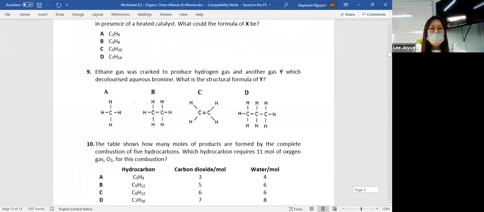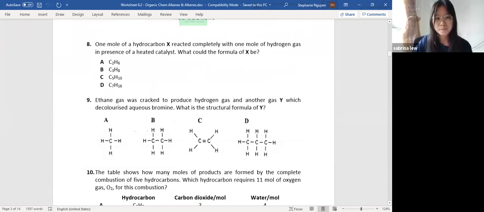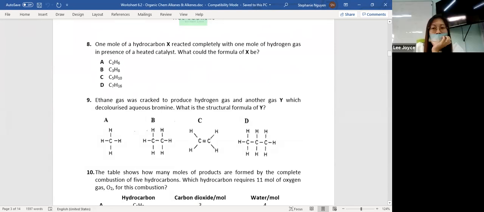Okay. All right, so for question 8, first of all, we're going to recognize whether this hydrocarbon is an alkane or alkene. Because remember we said that an alkane can only react with a halogen, right? But in the question it's talking about reaction with hydrogen, so it must be an alkene.